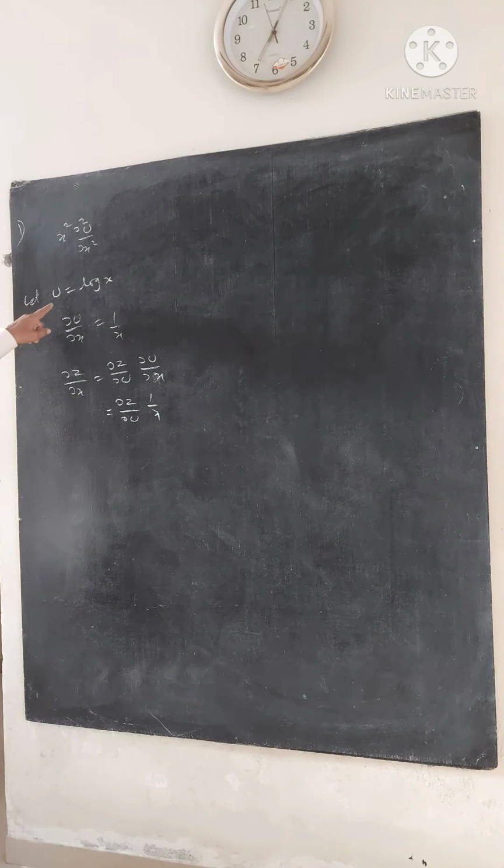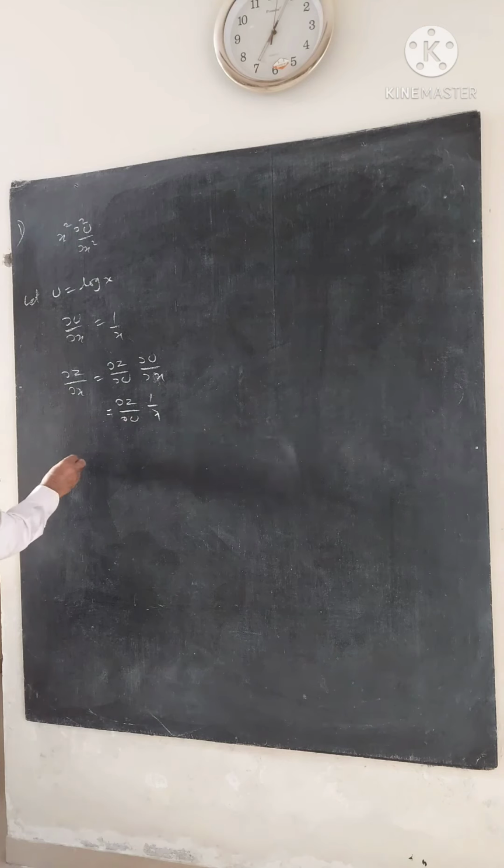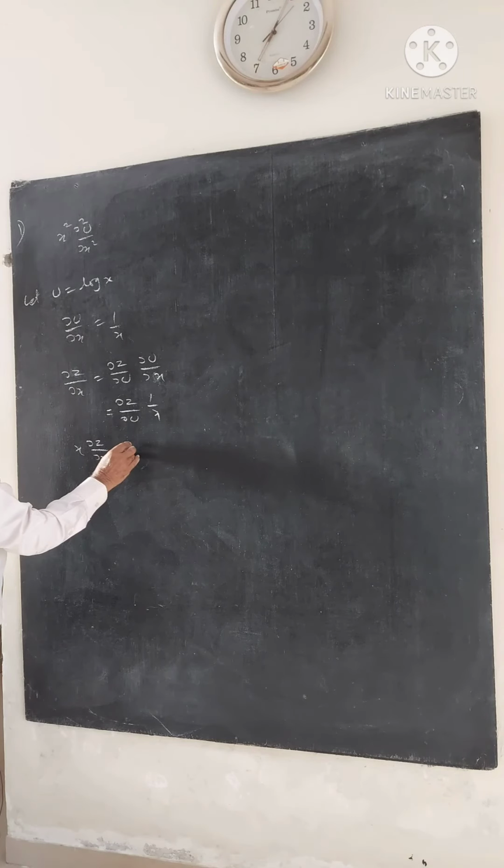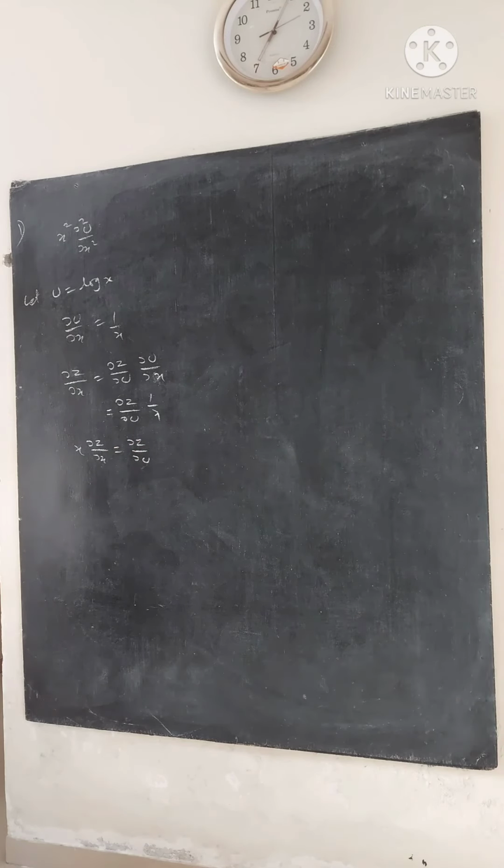We are changing from x to u, so x ∂z/∂x equals ∂z/∂u.